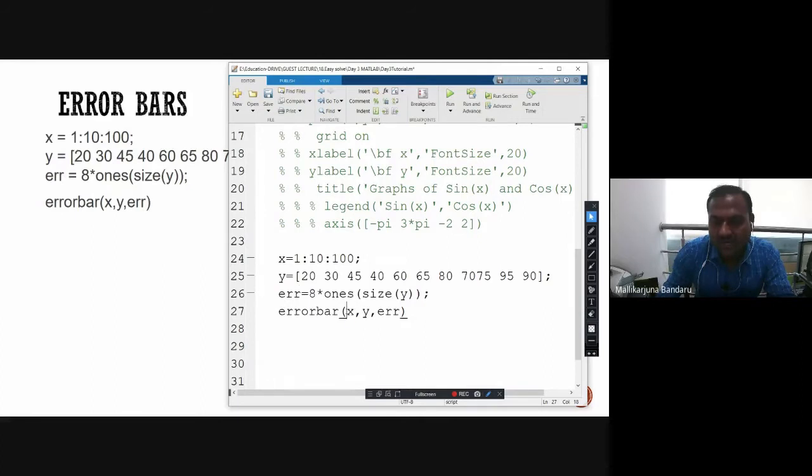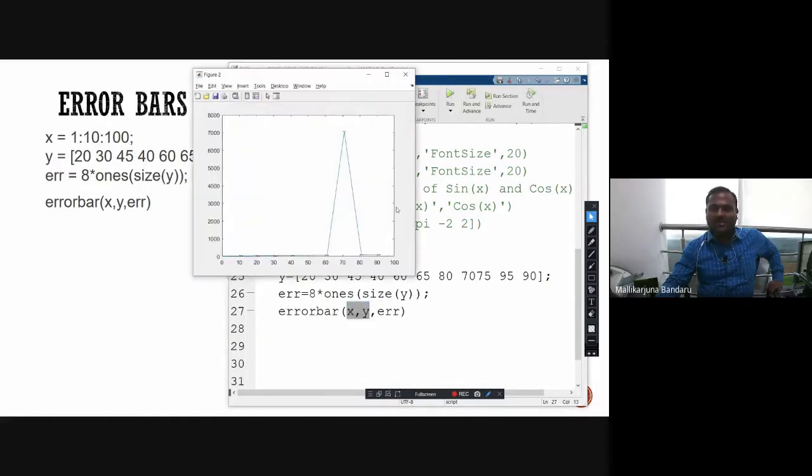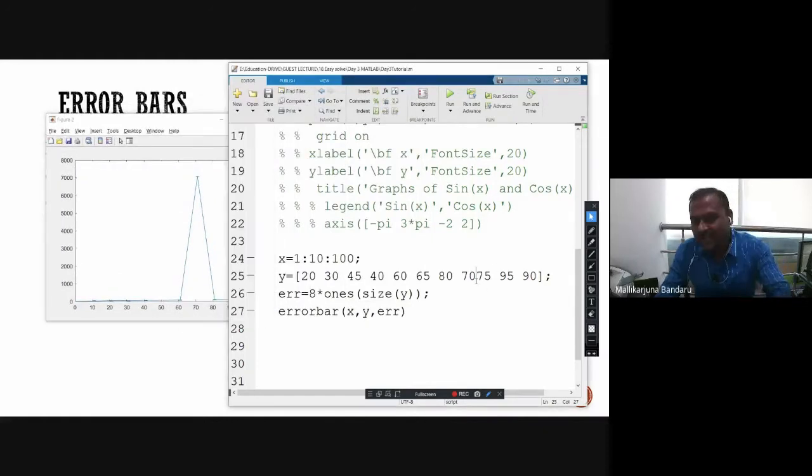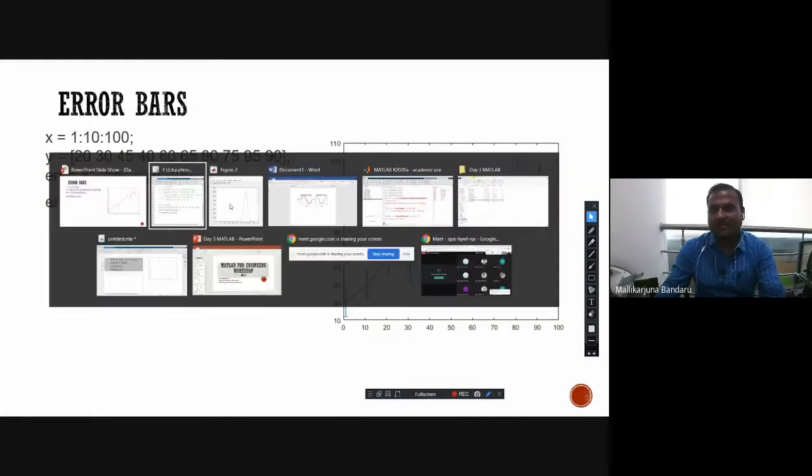Usually x, y gives the x-axis range and y, I mean the curve. At every point, what is the error, it will show by default like this. Here, 70, 75, so that's why it is here. Let me move it.